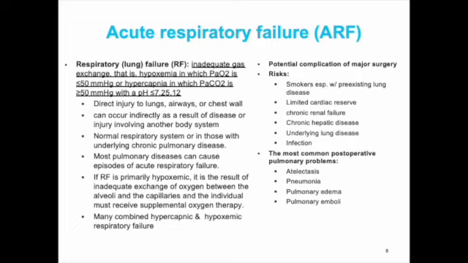And this person has to receive ventilatory support because we need to get rid of that extra CO2. And so your patient may be on a bag valve mask. They might have a non-invasive way of getting positive pressure ventilation. They may even have to be intubated and put on a mechanical ventilator to release some of this CO2.